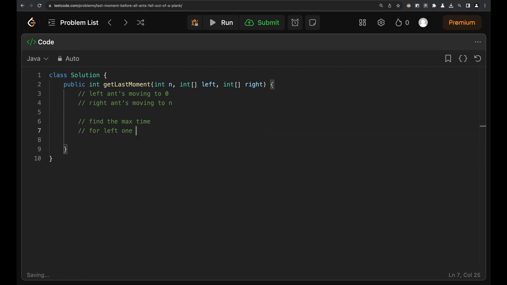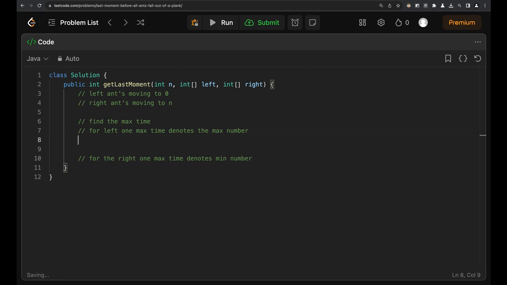So for the left array, maximum time denotes the maximum number, and for the right array, maximum time denotes the minimum number. Pretty much simple, isn't it?